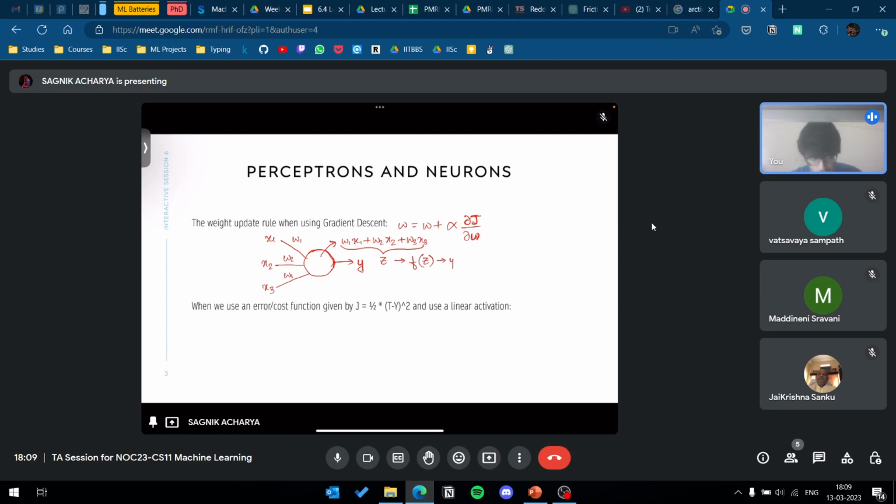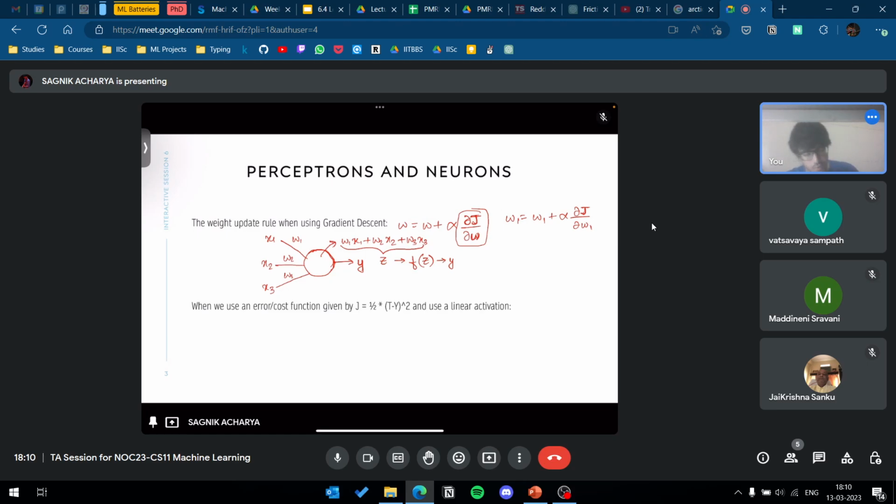Now if I have to calculate this gradient, del j del w, say I want to update w1, so w1 will be equal to w1 plus alpha del j del w1. So I have to find del j del w1. By j I mean the error function or cost function which you're using, so we also have to decide on a certain structure for j.